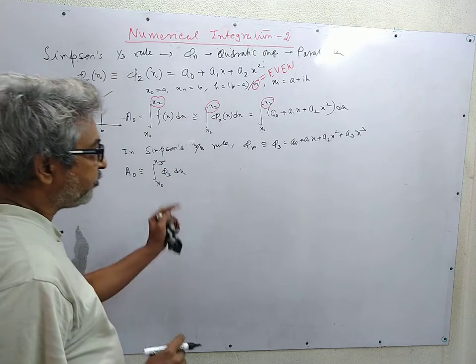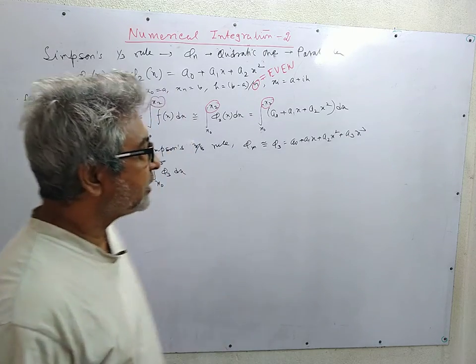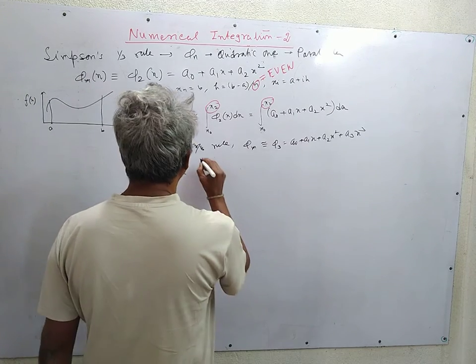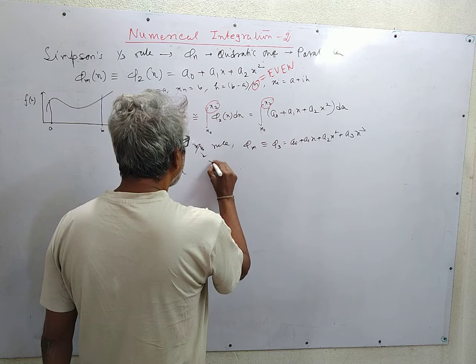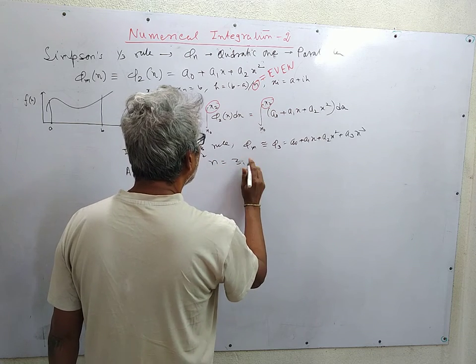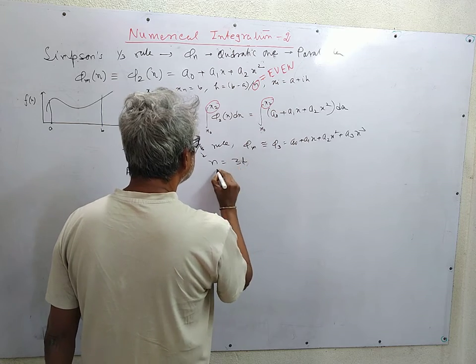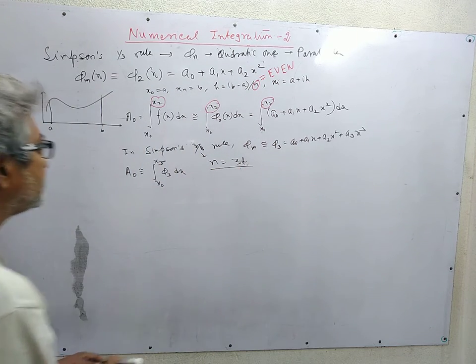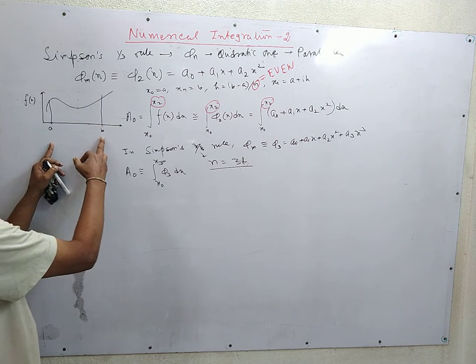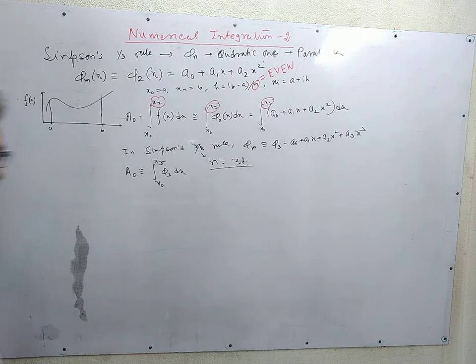These 4 conditions enable us to determine 4 unknowns, and in Simpson 3/8 rule, n must be 3l, where l is an integer, so the number of divisions of the entire interval must be an integral multiple of 3. This is an extra condition that has to be taken care of.